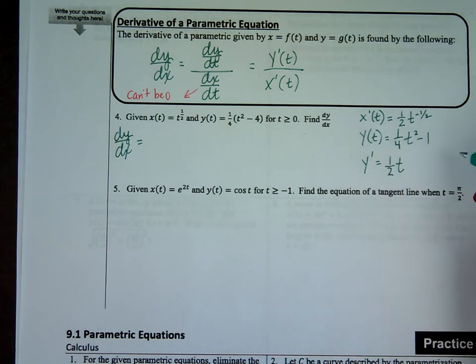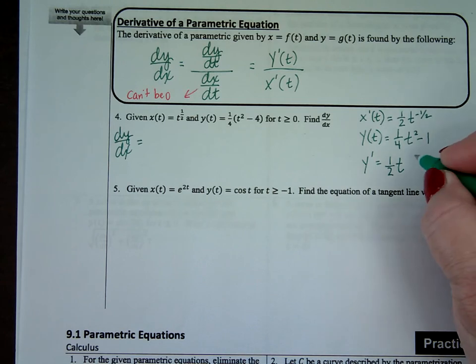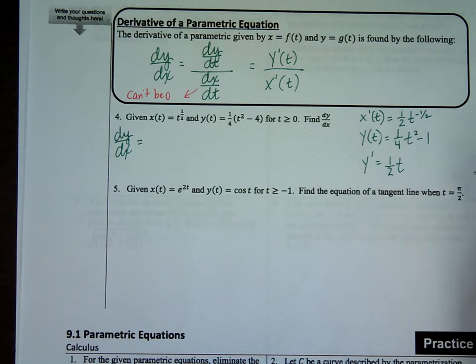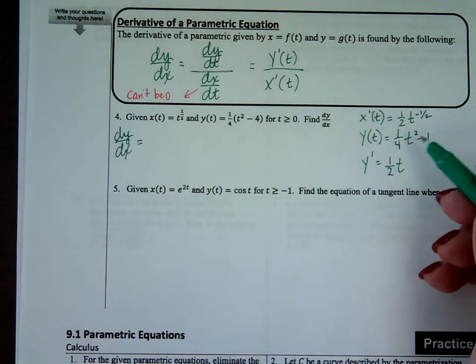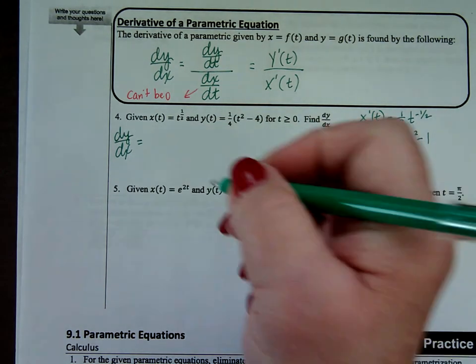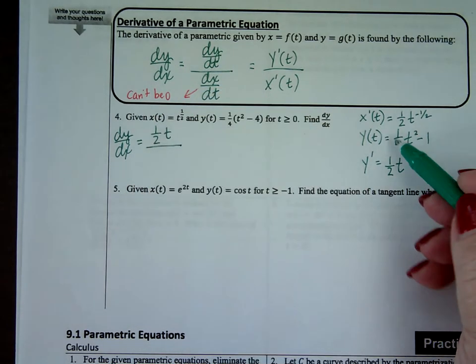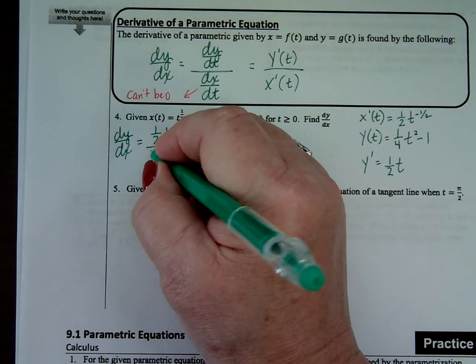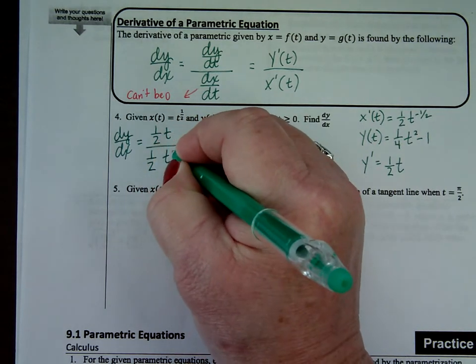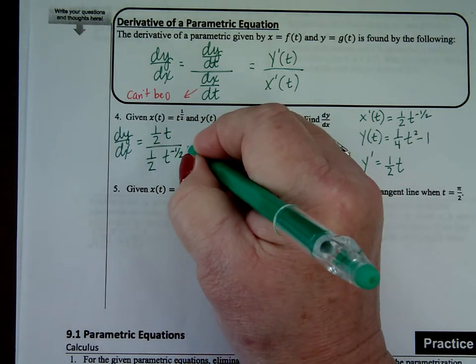So that's just going to be a t. There you go, 1/2 t. So let's put it together in our formula. I take the y prime of t, my 1/2 t. I divide it by my x prime of t, and that's my 1/2 t to the negative 1/2, and then I simplify it.